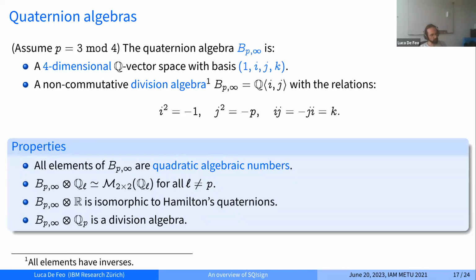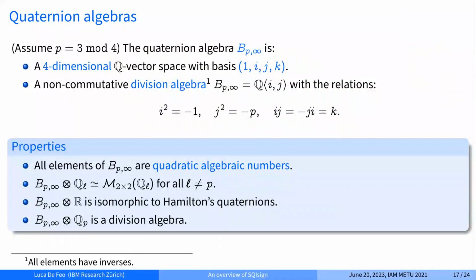So the fact that this is not a division algebra, right? Say it again. It becomes a matrix algebra if you complete at any prime other than p. Eventually, it is ramified at p or l? It is ramified at p.